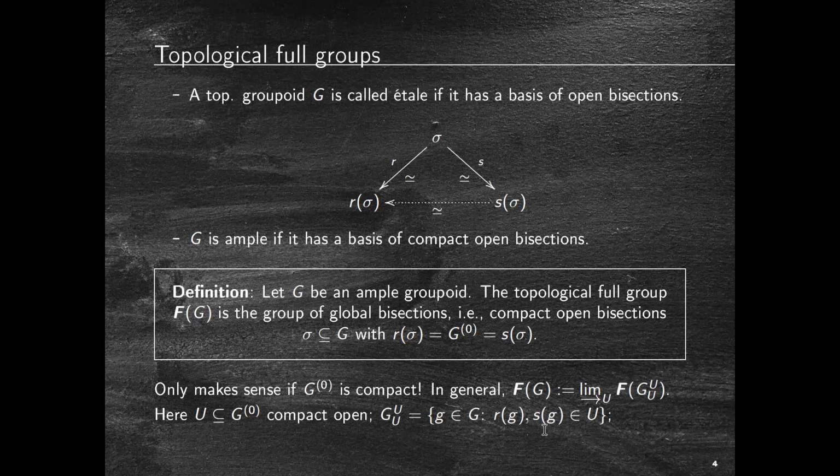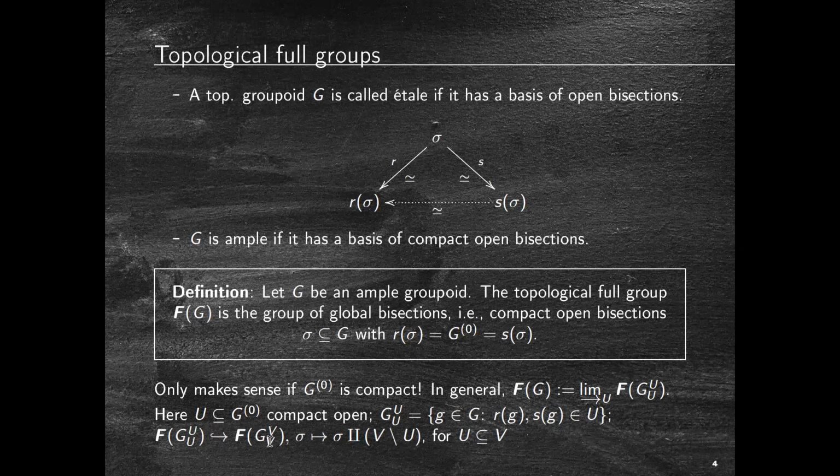So you just look at the subgroupoid, the subset of arrows where both the source and range lie in your compact set U. Now, this enforces this new groupoid, this restriction, to have compact unit space. It will be given by U. And then you apply the construction to this restricted groupoid. And you do it for each compact subspace.